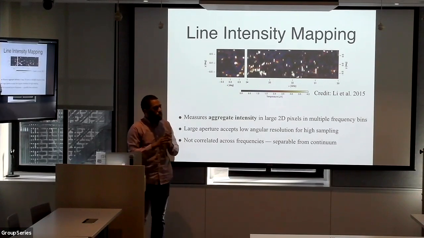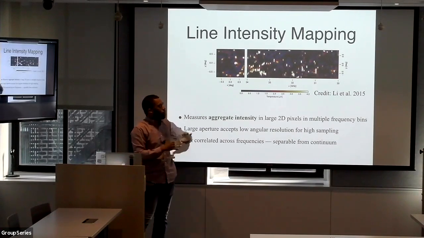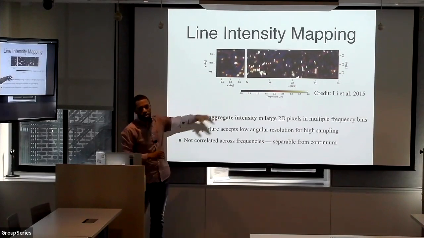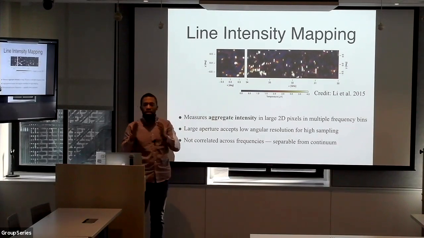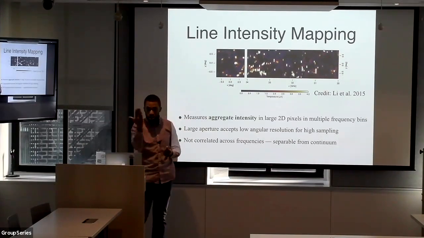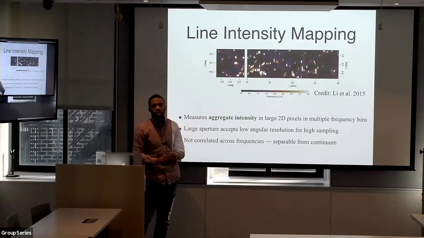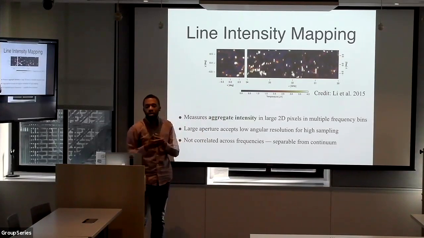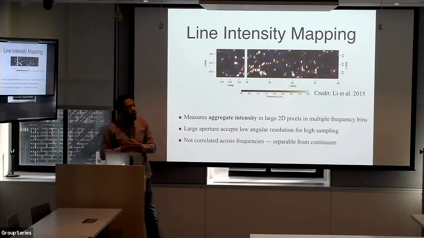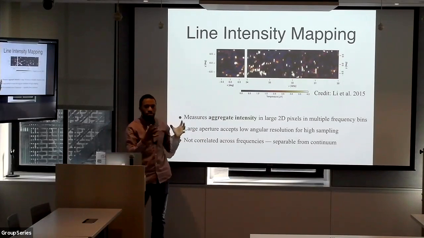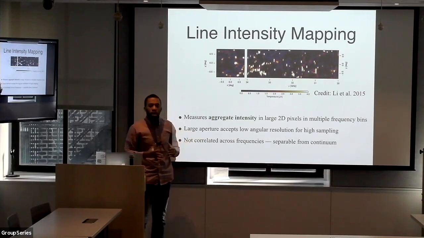Particularly, we want to look in both angular space and frequency space, because angular space allows you to see transverse directions on the sky, whereas frequency space will allow you to look back in time as lines redshift over time. As we look at these 3D volumes, you can begin to sample the clustering regime in very large cosmic volumes.